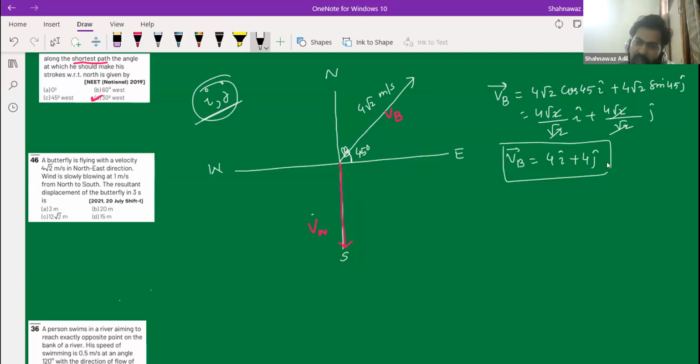Now, what is the velocity of the wind? That is simple. Can you tell me the velocity of the wind in ijk form? It is 1 meter per second.